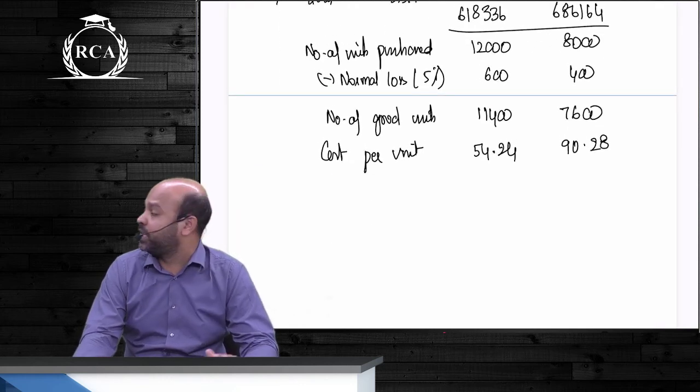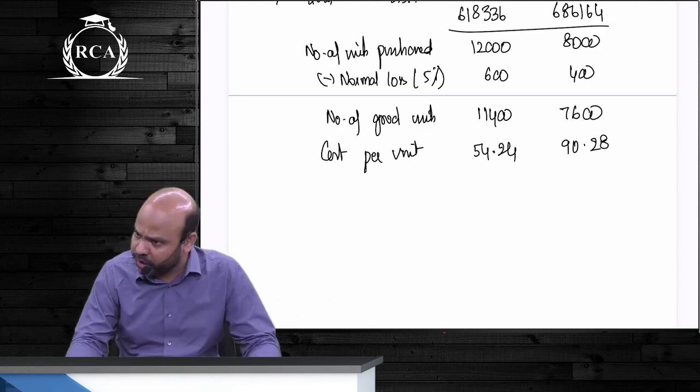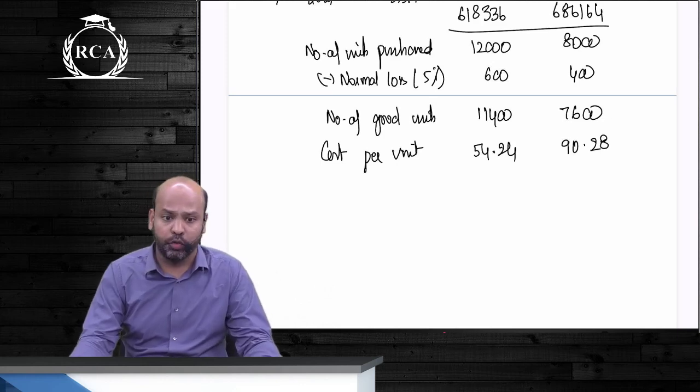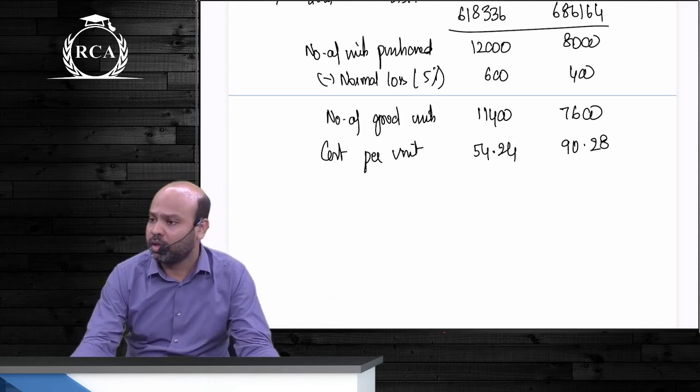Number of units purchased minus normal loss will give us number of good units. Divide your total cost by number of good units. You will get cost per unit. Any doubt in this?